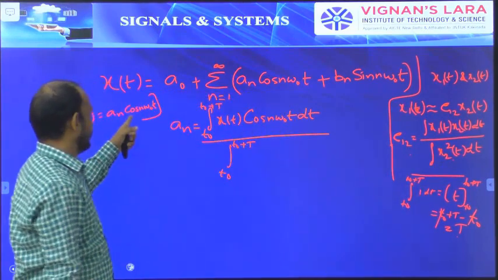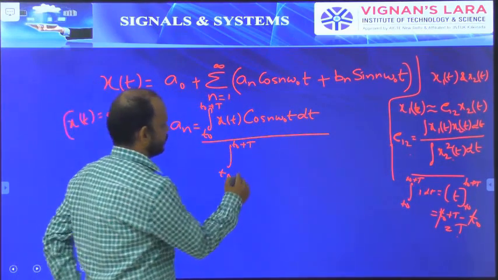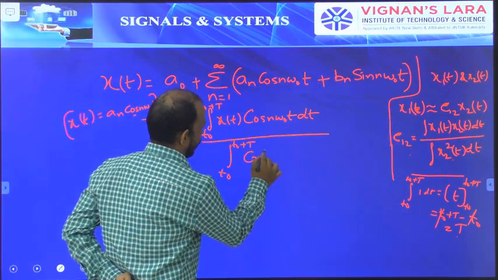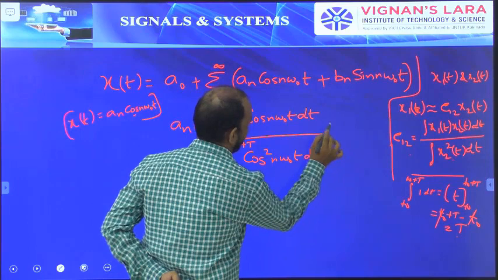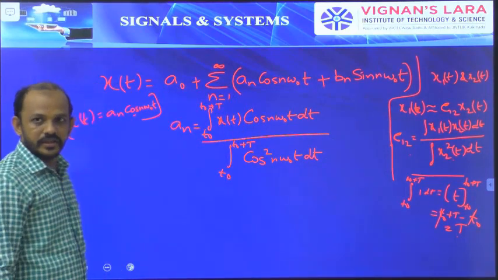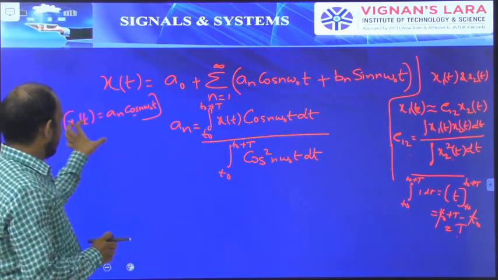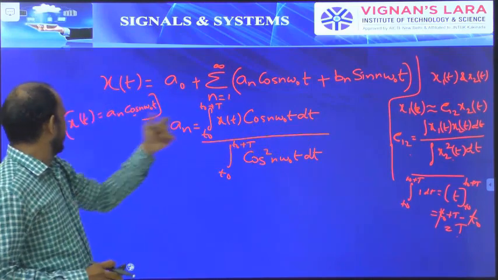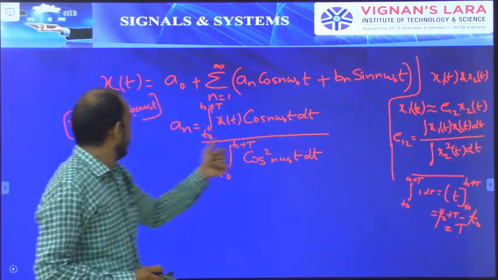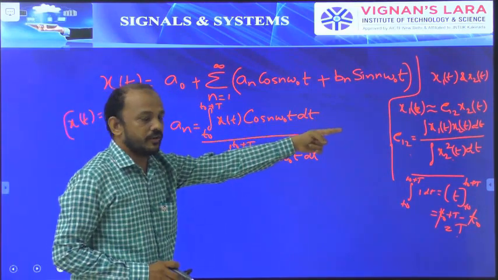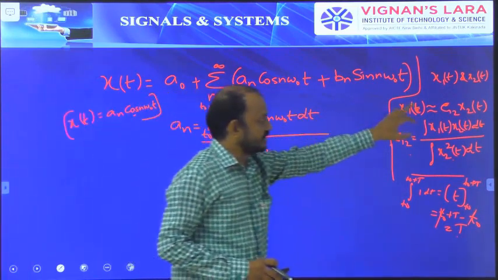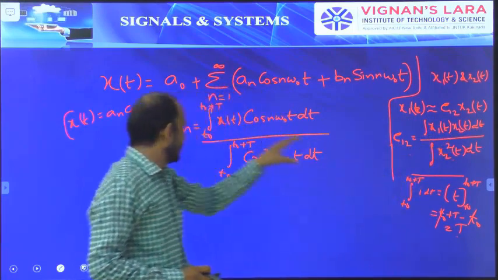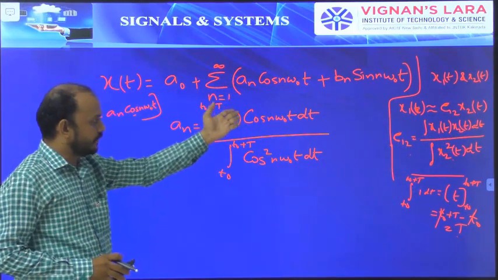So x2 of t is cos n omega naught t, so x2 square is cos square n omega naught t dt. Okay, simple. I am comparing this equation with that one. That is x1 of t equal to x of t, C12 will be equal to a n and x2 of t will be equal to cos n omega naught t. So in this, the value of C12 is this one. So in the same way, in this, the value of a n will be equal to this one.